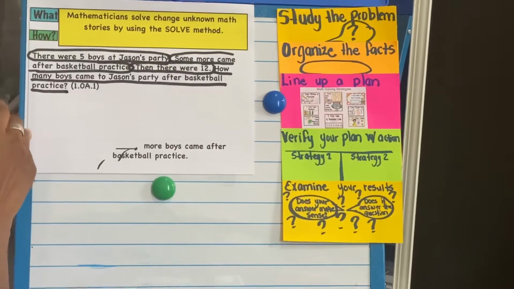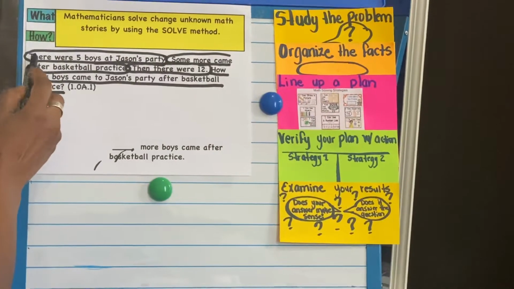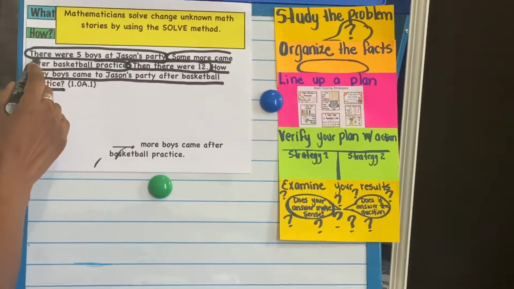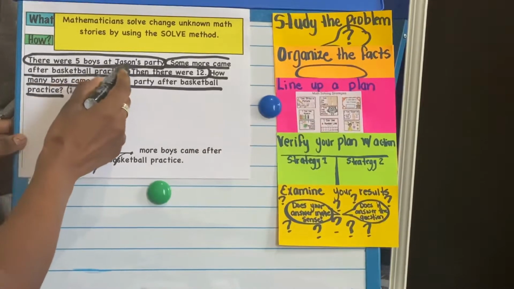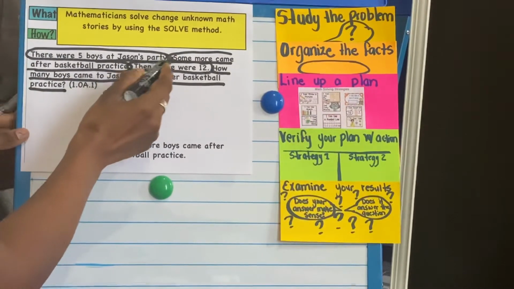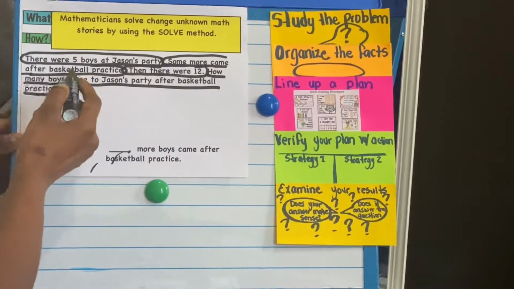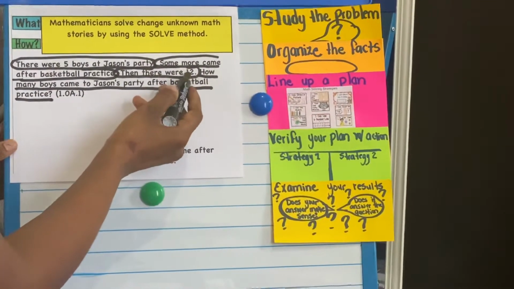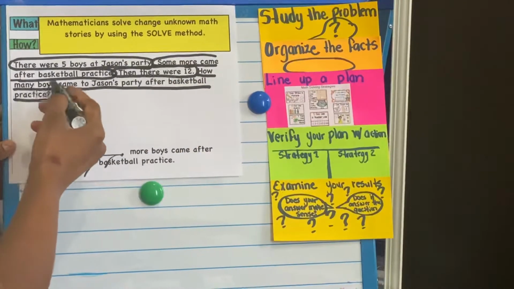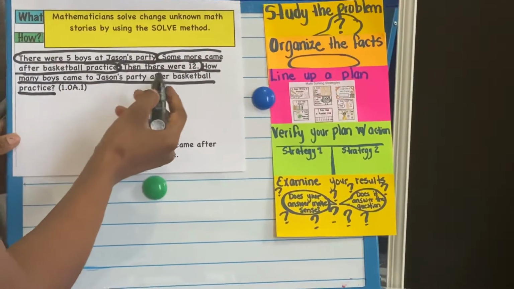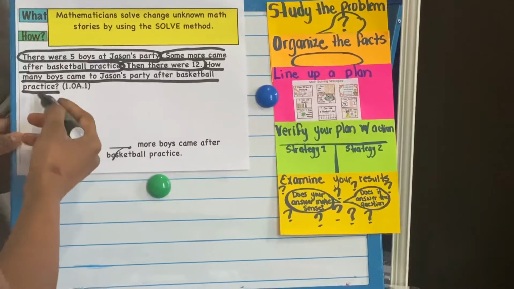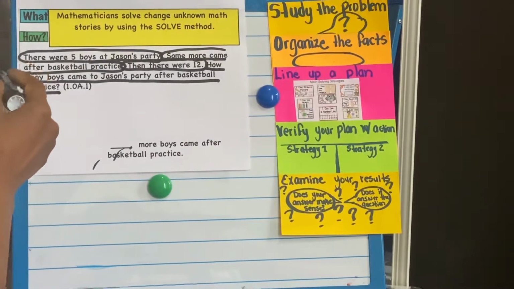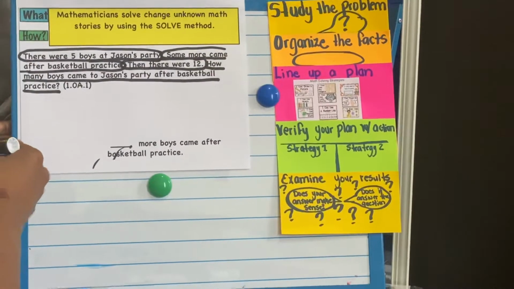I'm going to go back and reread again to double check. There were 5 boys at Jason's party. Some more came after basketball practice. Then there were 12. How many boys came to Jason's party after basketball practice? What can I use to solve this problem?